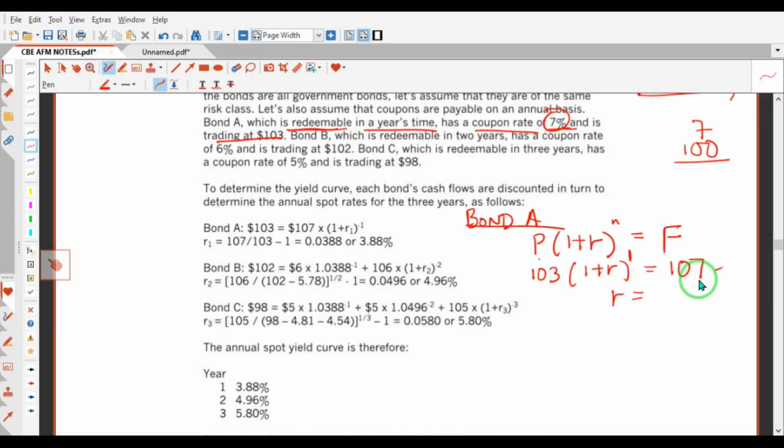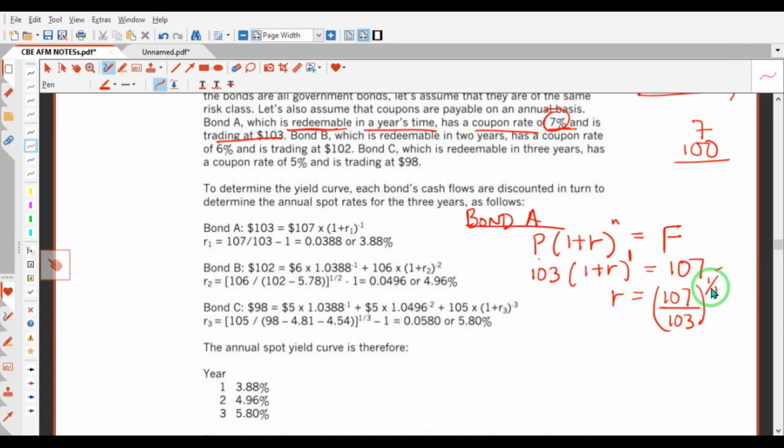R will be equal to 107 divided by 103. This is to the power of 1, so it's going to be the square root of 1, or for calculator purposes I'm just going to put the power of 1 over 1.